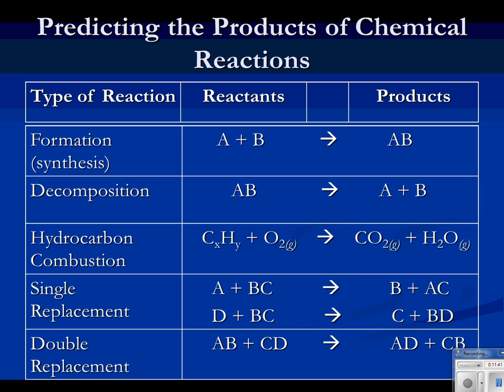We can see formation, where you have two things becoming one; decomposition, one compound becoming two elements; hydrocarbon combustion, where you have a hydrocarbon in the reactants plus oxygen giving you always carbon dioxide and water; single replacement, where you have either the metal atom changing place with the metal ion or the nonmetals switching places; and double replacement, where you have two ionic compounds and the metals are switching places to join up with the other nonmetals.